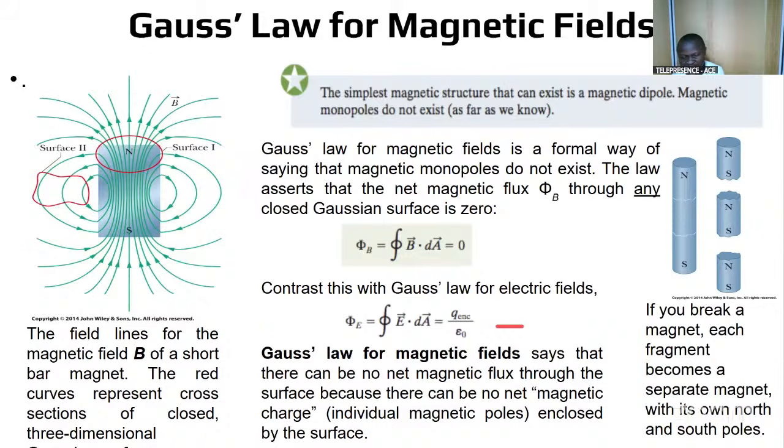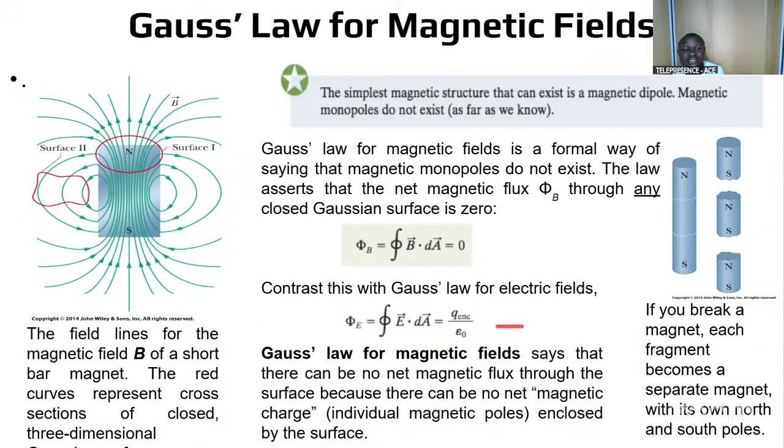You know, we have electric charge, it may be positive or negative. Positive is the source, and negative is the sink. But in a magnetic field, there is no magnetic charge. What does this mean?